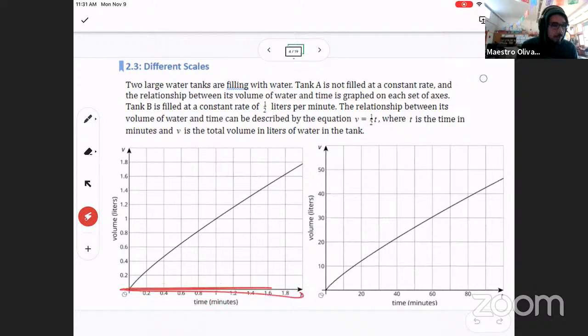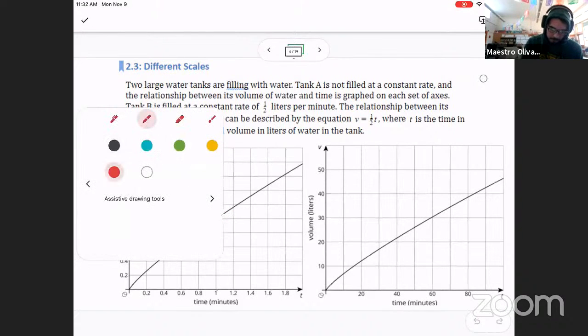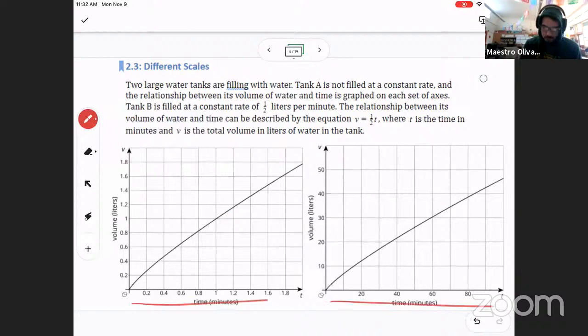This whole thing is just 2 minutes. But on this graph, the x-axis goes all the way to 80 minutes. So we zoomed out 40 times so we could see the big picture. These graphs are the same.